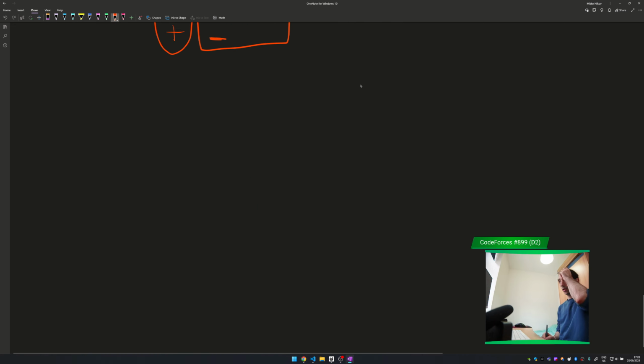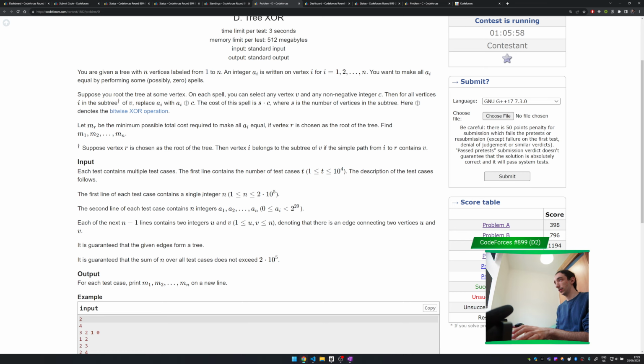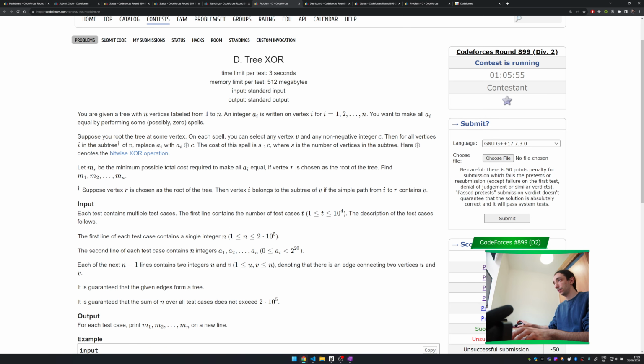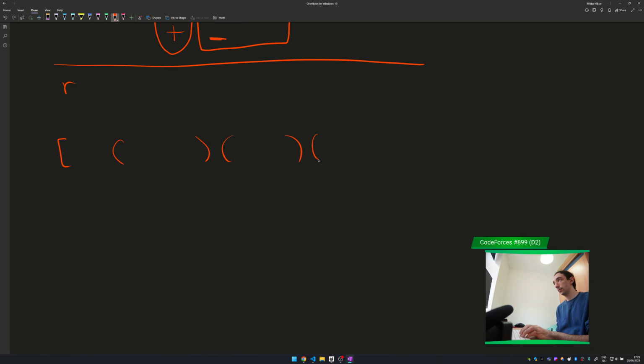So for each vertex, suppose that vertex is the root, and I can perform these spells. Now each spell costs the size of this thing. So let's try with some fixed R. Then I have some subarrays that represent my tree, right? So I can linearize this tree.